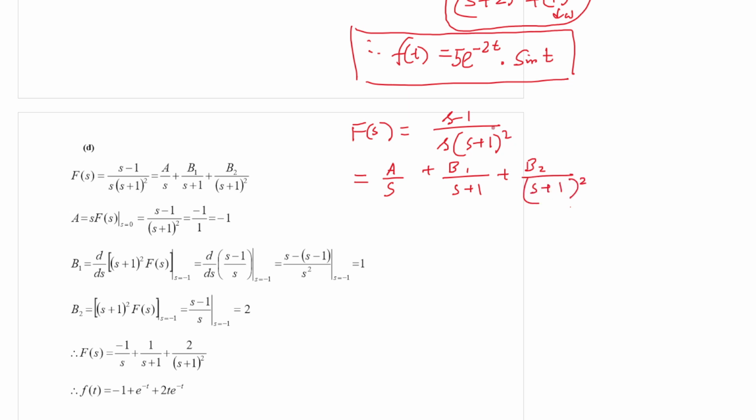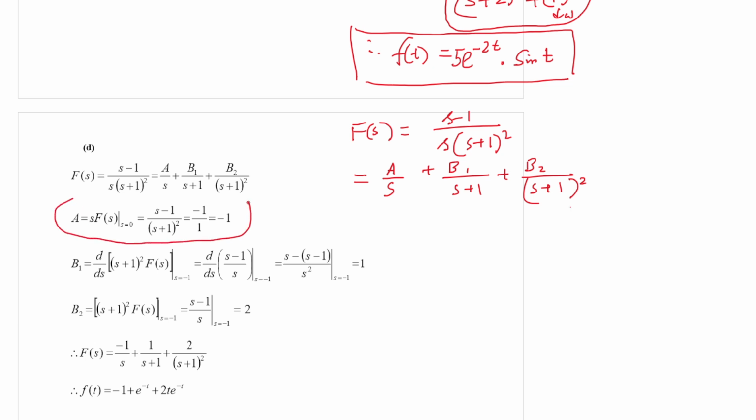So this s plus 1 whole square will have two terms. One is s plus 1 itself and another one is s plus 1 whole square. So this function can be split in this form, b1 by s plus 1, b2 by s plus 1 whole square. Now if you solve, a is very straightforward.